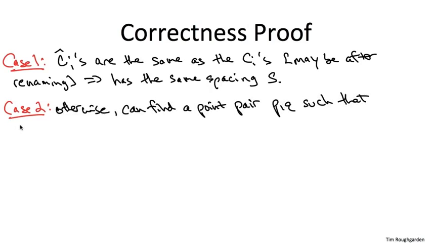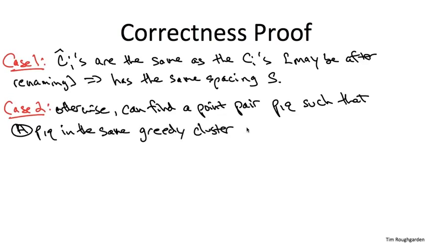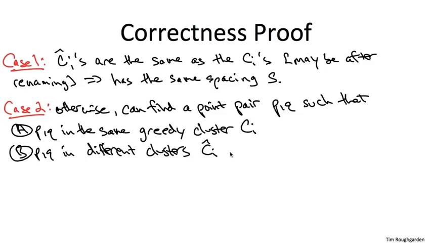The analog here is we're going to argue that for any clustering which is not merely a permutation of the greedy clustering, there has to be a pair of points which is classified differently in the C hats relative to the C's. By differently, I mean they're clustered together in the greedy clustering. These points P and Q belong to the same cluster C sub i. Yet in this alternative clustering, they're placed in different clusters. Maybe P in C hat i, and Q in some other C hat j.